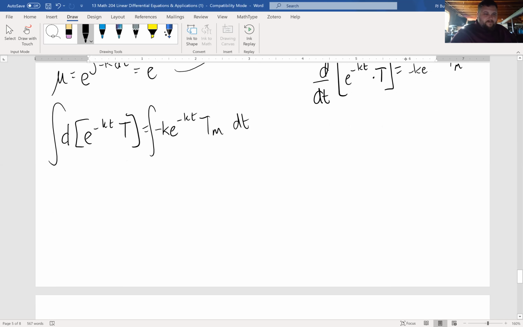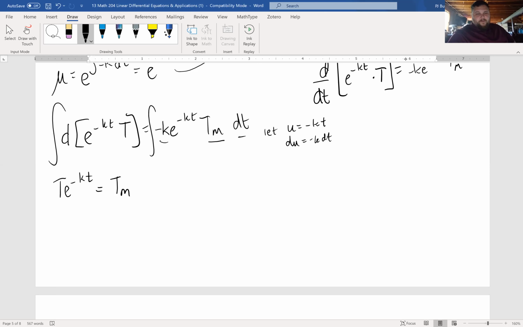It's just going to give back what's inside the brackets. Right-hand side, now Tm is a constant. And if I were to say, let u equal minus kt, du would be minus k dt, which is great because we have that there.